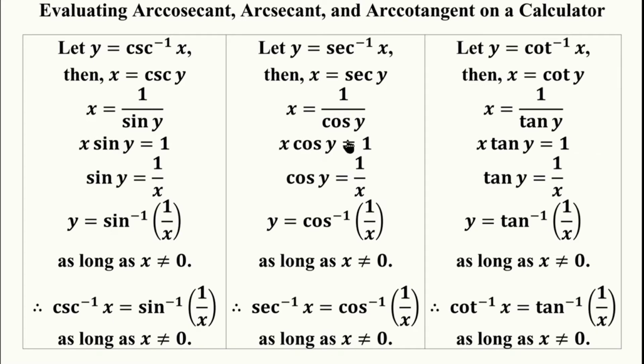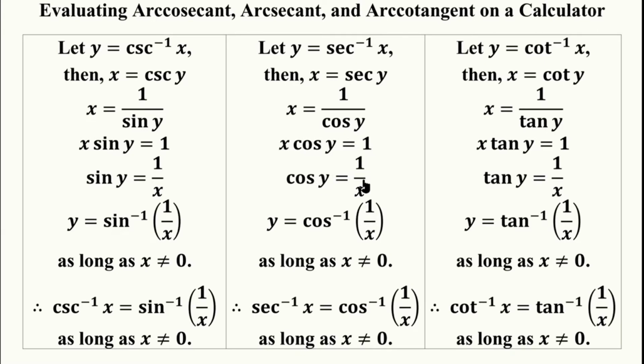We can do that also for inverse secant, for example. Let y be the inverse secant of x. That means by definition that x is going to be the secant of y. So if we replace secant of y with 1 over cosine y, we get x cosine y equals 1.